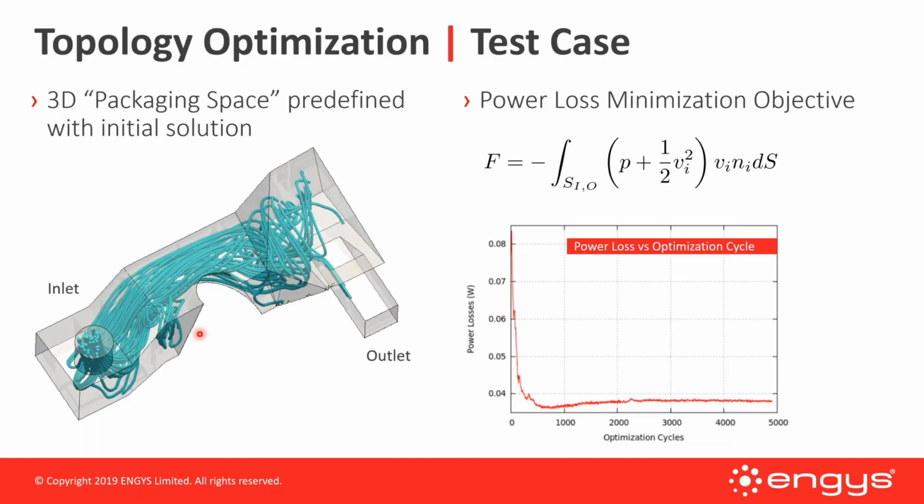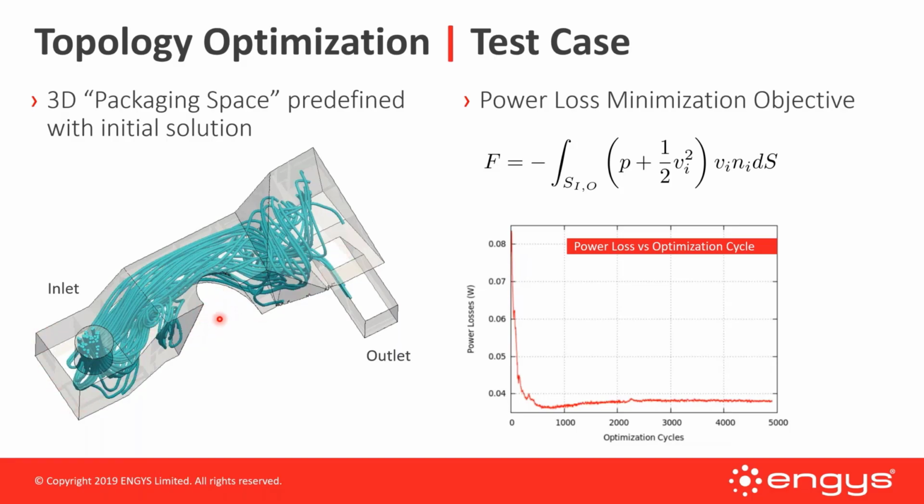So this is the maximum volume that this design could occupy. Packaging space, some other groups may call it a design envelope if you're doing FEA adjoint, something like that. But this represents the maximum degrees of freedom that we have.